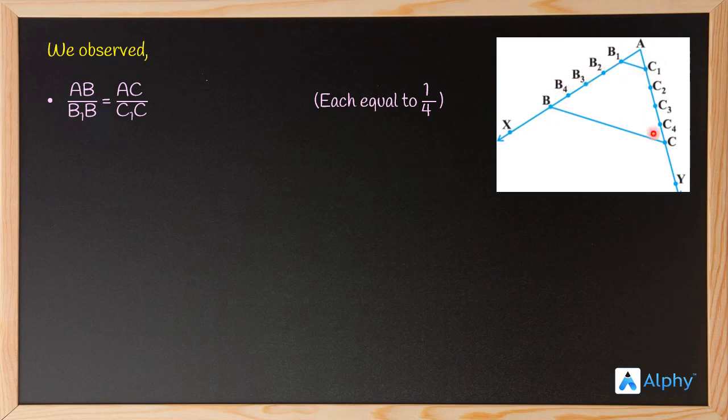Similarly, between C1 and C, these 3 points have divided C1C into 4 equal parts. So we can say that both form the parts 1 by 4. And we also found out that B1C1 is parallel to BC. We mark this as equation number 1.